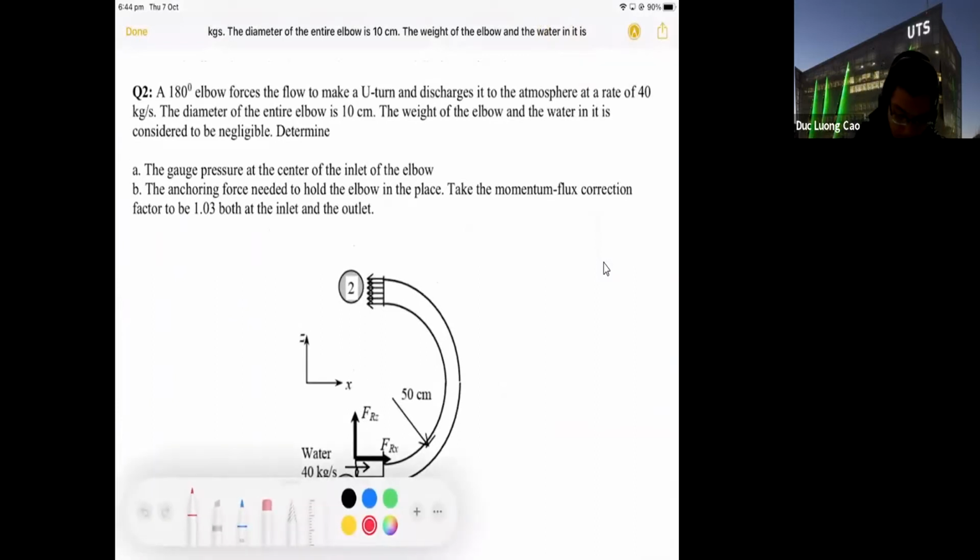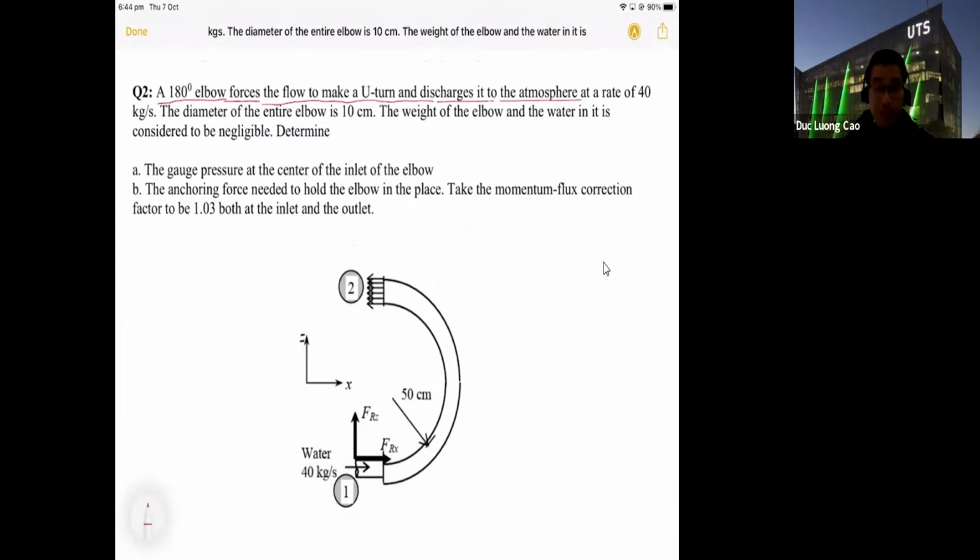In this question, you have a 180-degree elbow that forces the flow to make a U-turn and discharge into the atmosphere. Discharge into the atmosphere means at station 2 we have P2 equal to atmospheric pressure, or 0 gauge pressure.